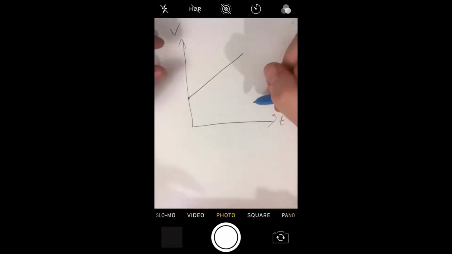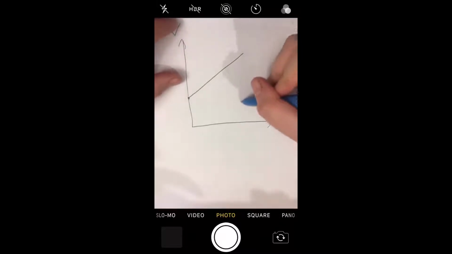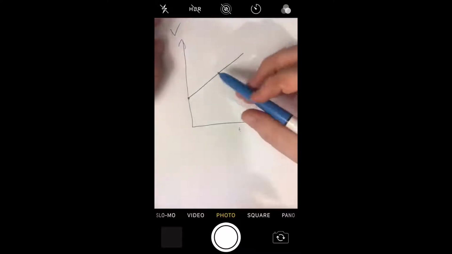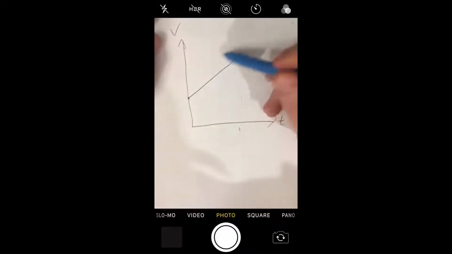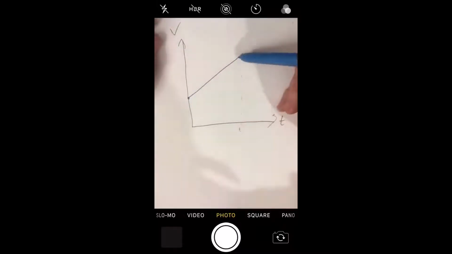What we've got is, after a certain amount of time, the velocity increases in speed. It's gone from a low velocity to a high velocity. It has accelerated.